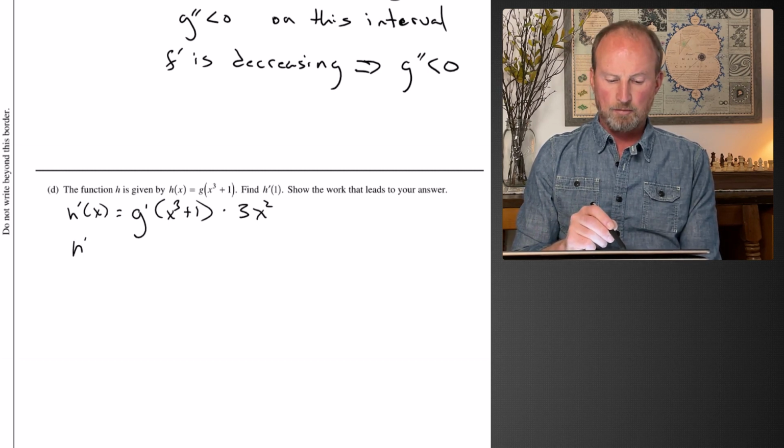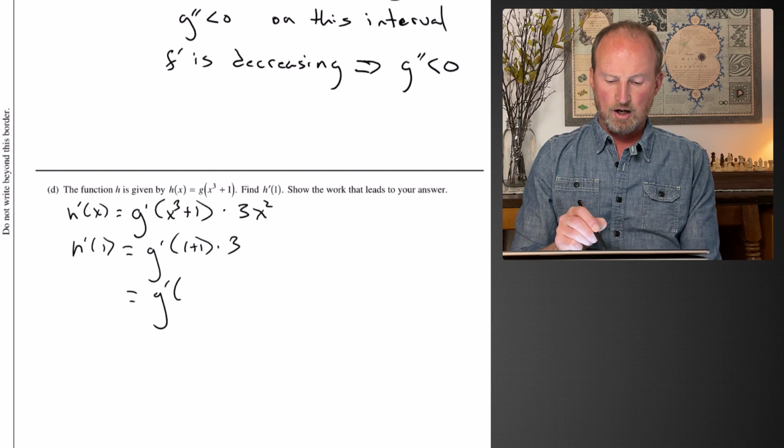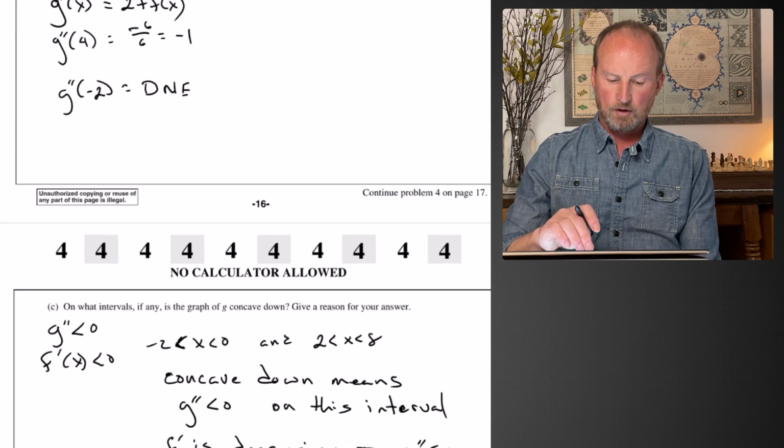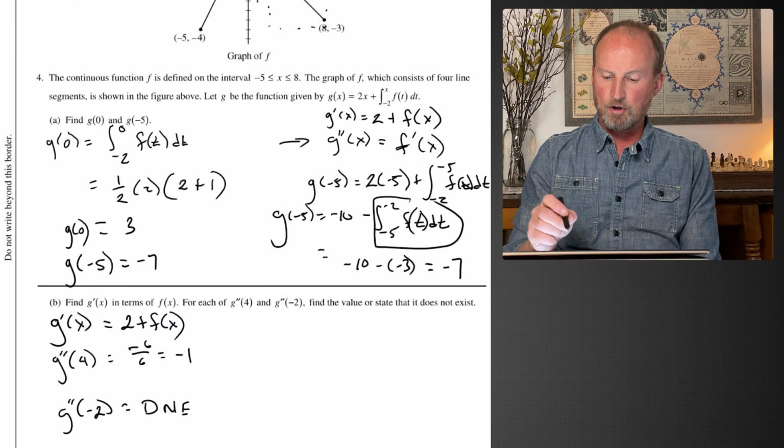So h prime of 1 equals g prime of 1 plus 1, which is 2, times 3 times 1, which is 3. And g prime of 2, going back up to remember our definition. Here's g prime. g prime of 2 is equal to 2 plus f of 2.